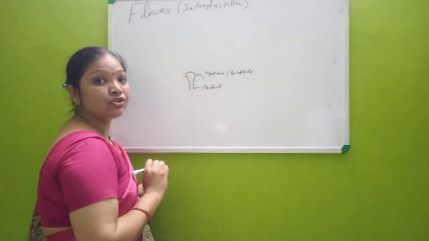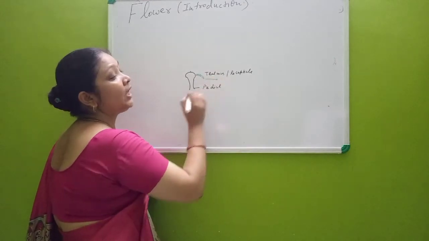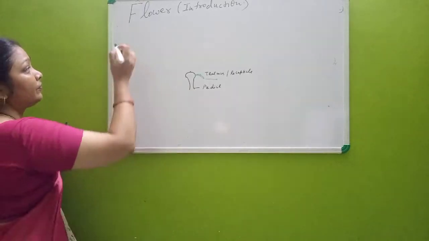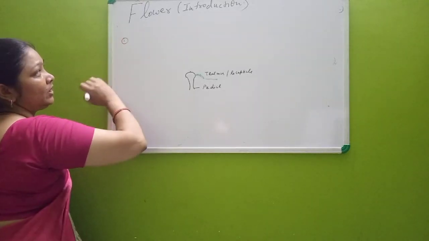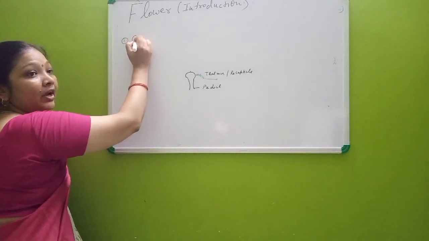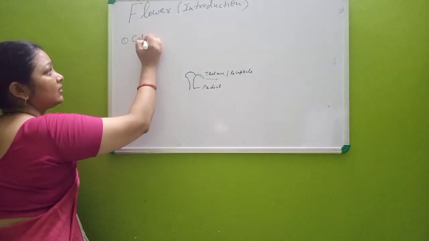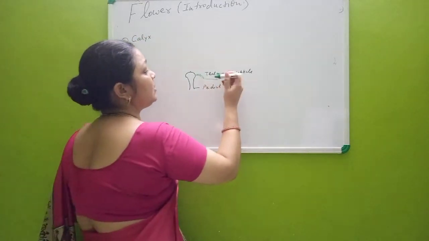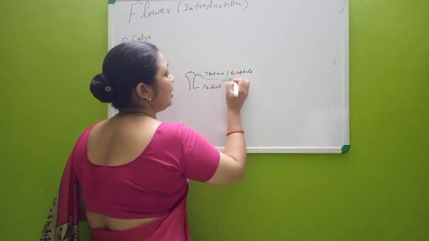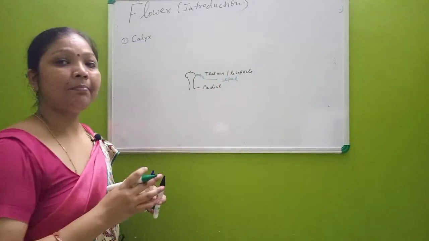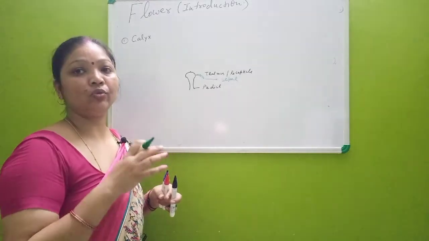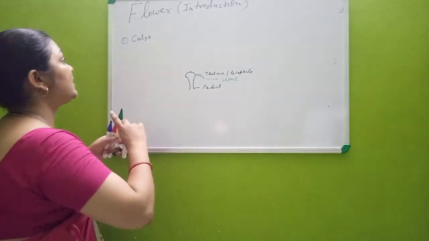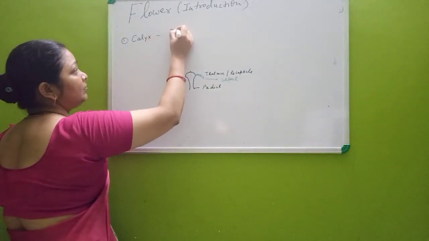A single one is called a sepal, and all the sepals present in a flower together are called the calyx. The work of the calyx is protection at the bud stage.